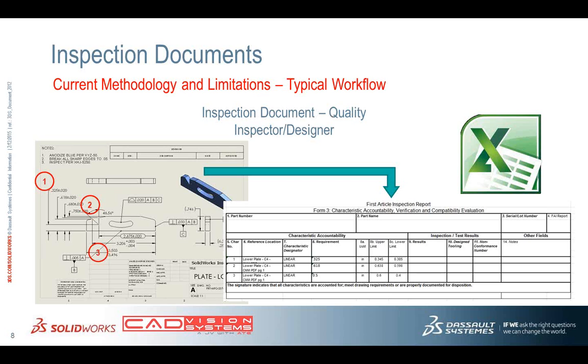For the inspection documents, the drawing will be ballooned to identify the prominent dimensions that need to be checked. For example, when you are purchasing a pair of jeans, what is the important size? What are the important things that we will look at?